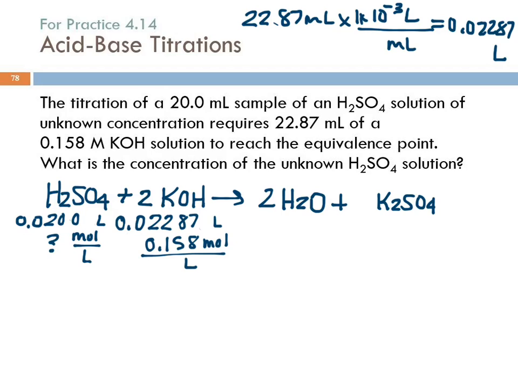So our path is going to be liters of KOH to moles of KOH to moles of H2SO4. That's the stoichiometry part. Once we get this, we know the volume and we can divide it and find the concentration.